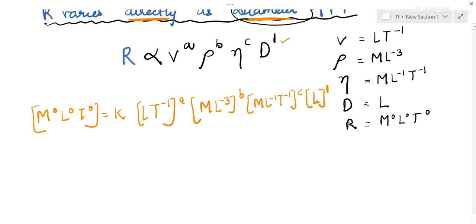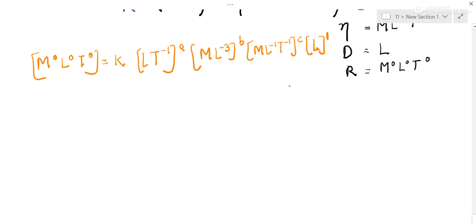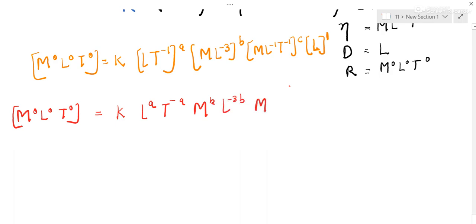Now we will open the bracket. You know all the steps now. M0 L0 T0, L to power A, T to the power minus A, M to power B, L to the power minus 3B, M to the power C, L to the power minus C, T to the power minus C. This is L to the power 1.